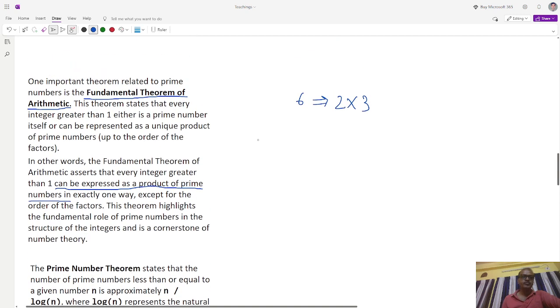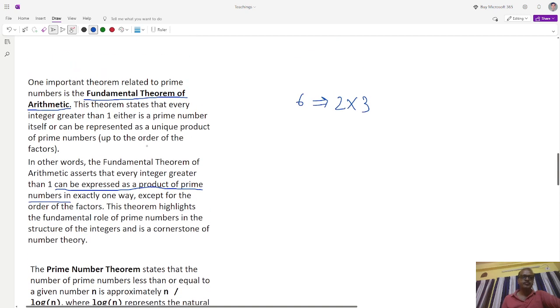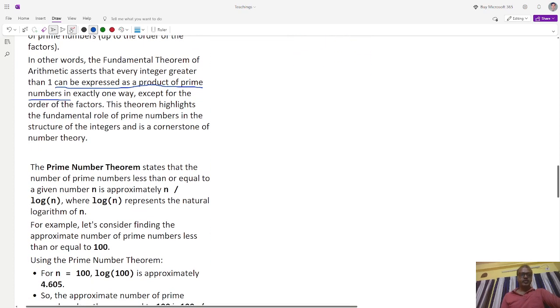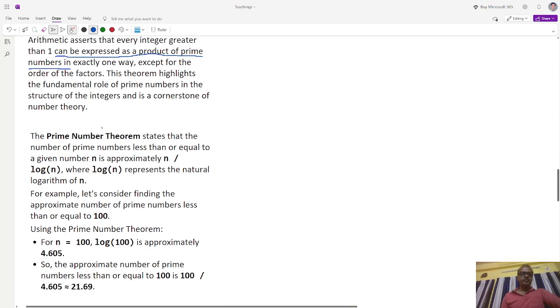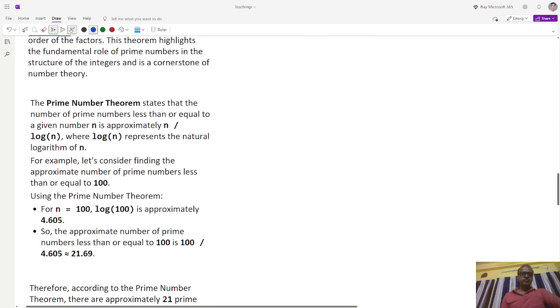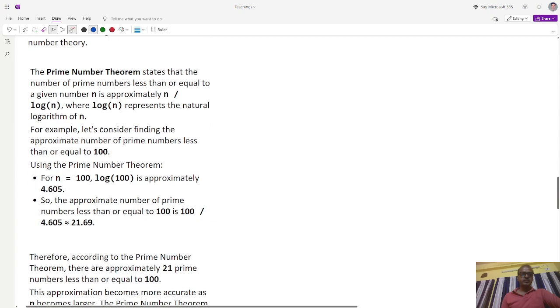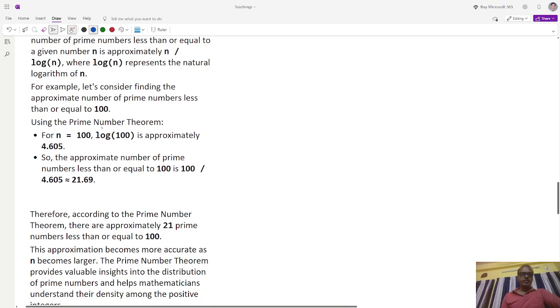Among these two, our interest should be primarily on the fundamental theorem of arithmetic. Okay, the prime number theorem finds the approximate number of prime numbers.